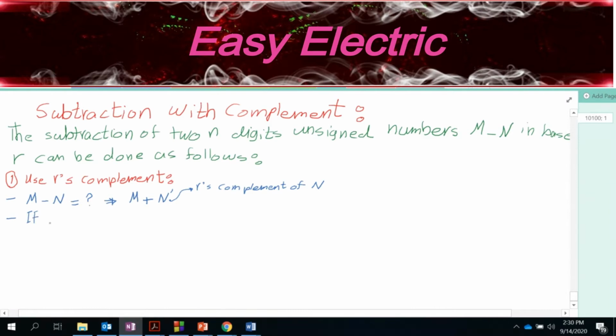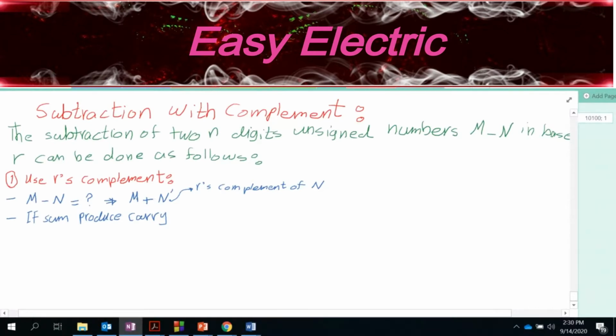Let me summarize that. If the sum produces a carry, what does that mean? You add these two numbers. If the first number has, for example, 5 bits and the next one has 5 bits, and you add these two numbers and the result is 6 bits, you say we have a carry.